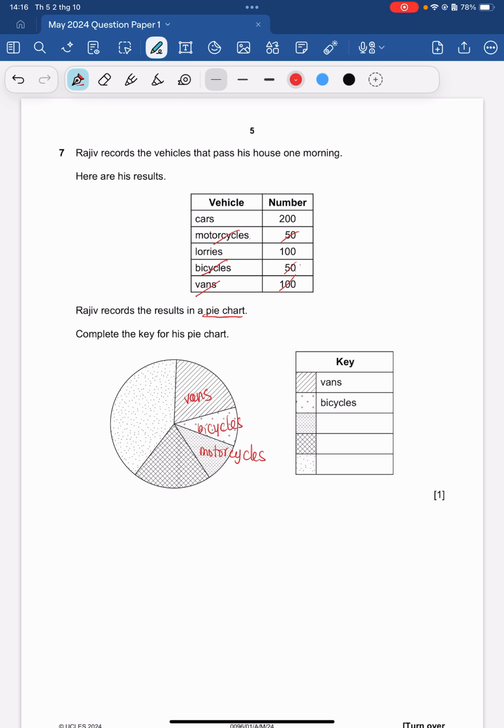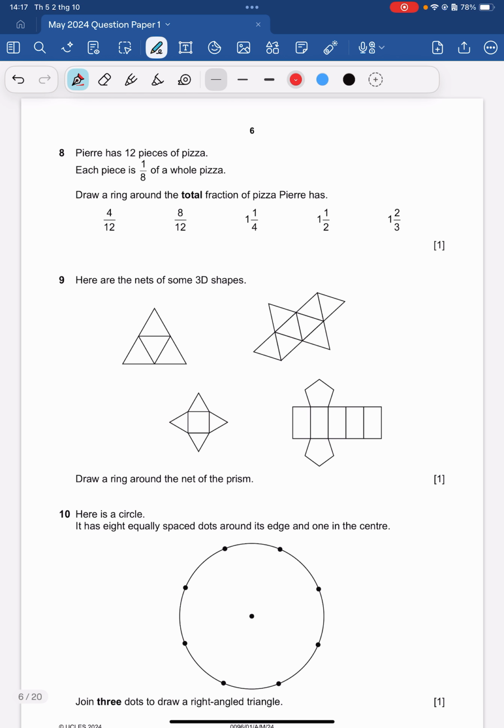So lorry, of course, is there because it has the same shape as the vans. And the last will be cars. Now let's fill in the key table. This one will be motorcycle, next will be lorries, and the last one is cars. Easy, right?